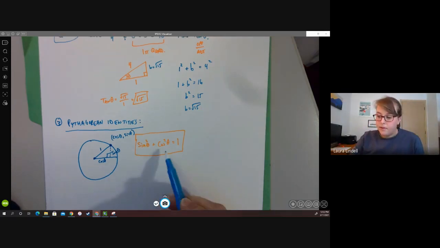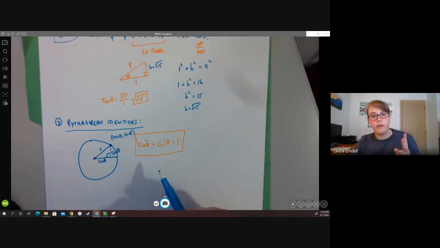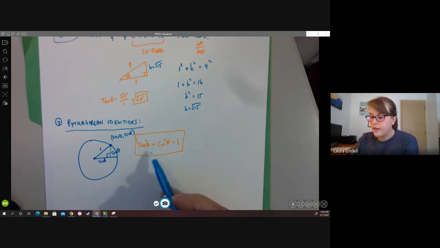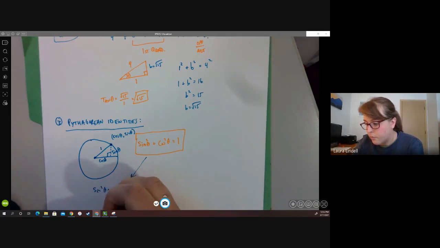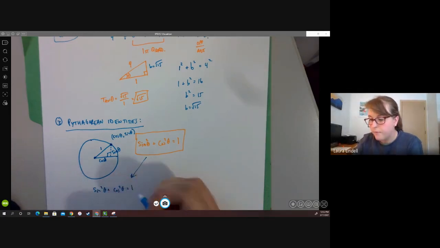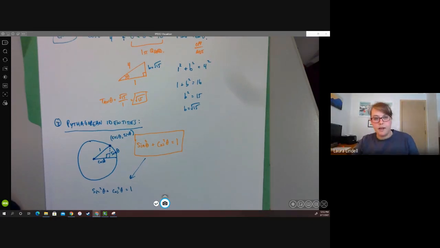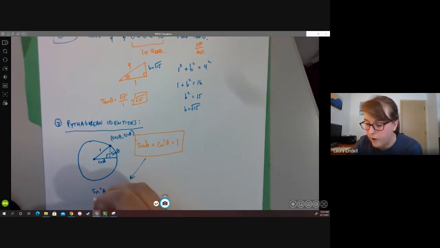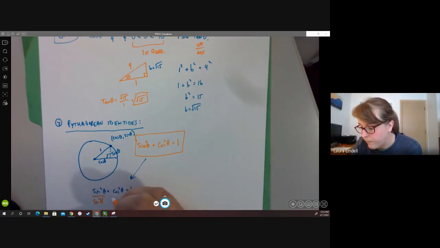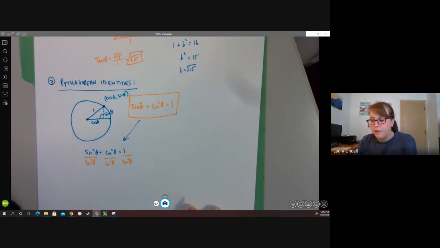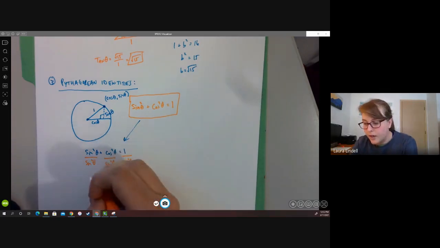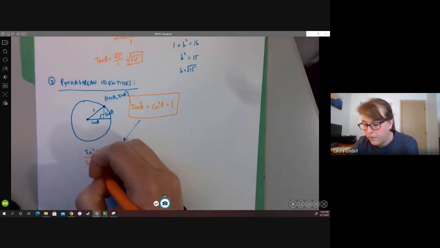Then, if you know this Pythagorean identity, you can use it to find the other two. We know that sine squared plus cosine squared equals 1. So if I divide everything by sine squared, sine squared over sine squared cancels and you get 1.